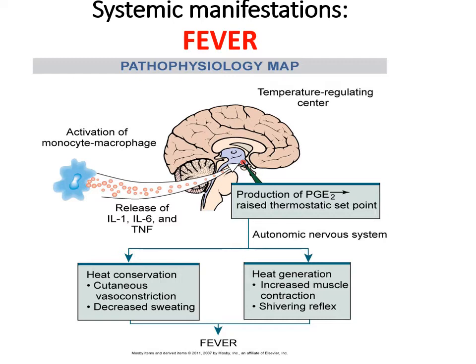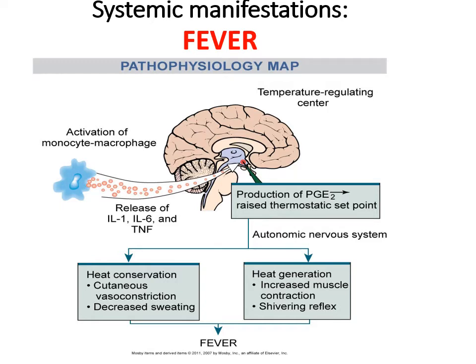Okay, so through the autonomic nervous system, which comes from the brain, you can raise the body temperature. So how does it do that? Well, it can conserve heat by vasoconstricting, so closing down the blood vessels in the skin, which is going to reduce the release of sweat. And that's one of the ways we release heat, is by sweating, right? So that's going to conserve heat within the body.